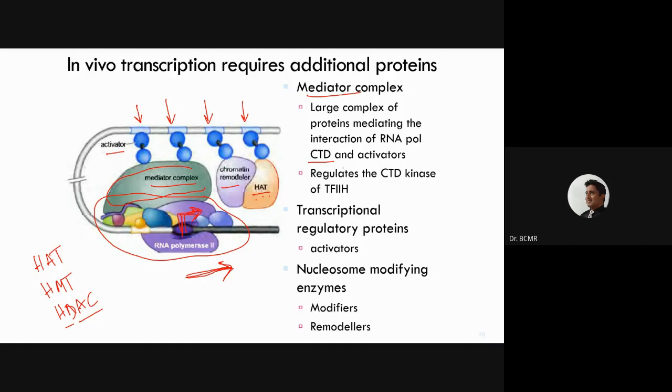It is interacting with the C-terminal domain of RNA polymerase. The C-terminal domain of RNA polymerase is very important for what will happen in the future during the course of this transcription. And then there are several transcription regulatory proteins like activators. These are activators. There are also repressors.